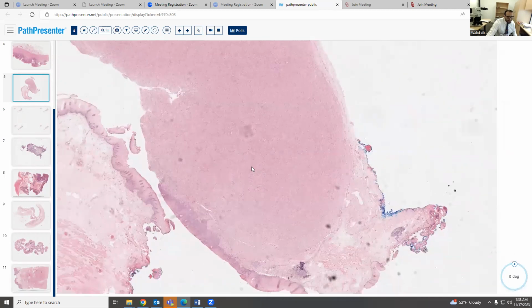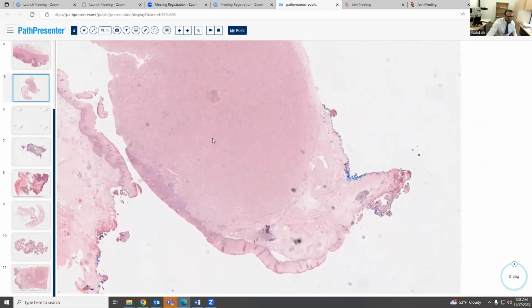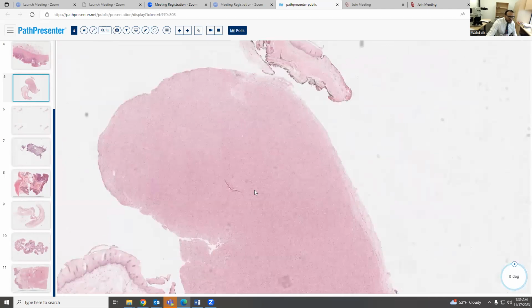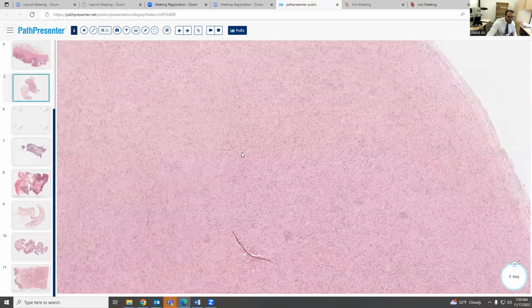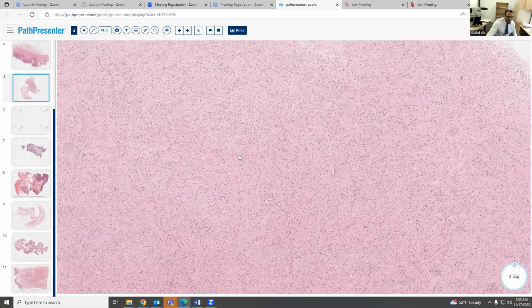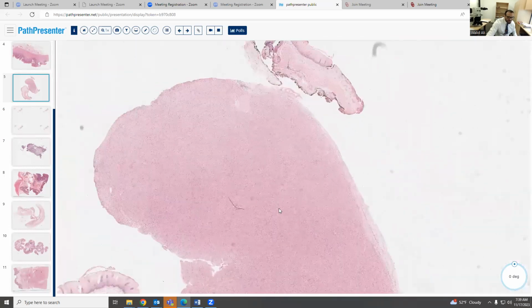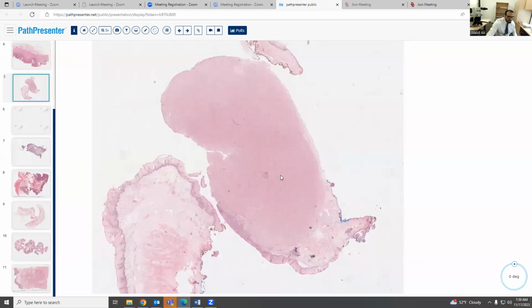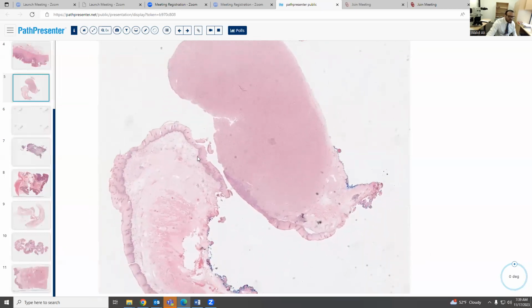It's a benign tumor, common in the GI tract, but usually involves the tongue or the esophagus. Here we don't see malignant features or mitosis. So it's another mesenchymal tumor, and it's very important to know, and very high yield.